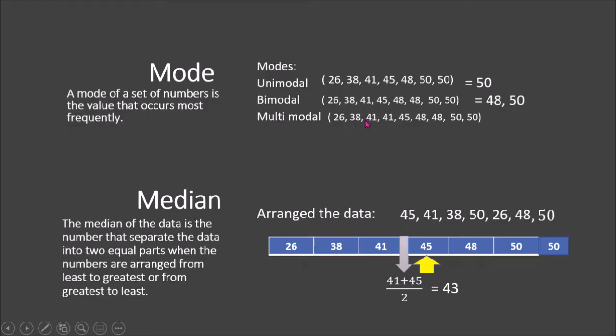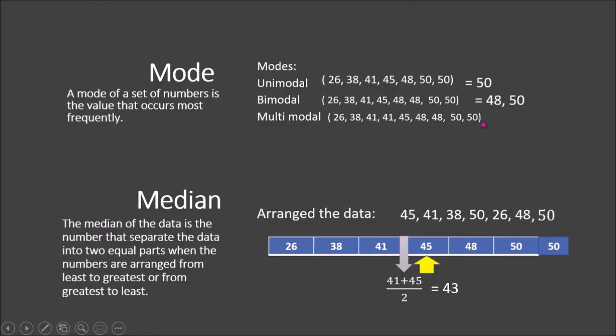But if in this sample we add another 48 here, that can't be called multimodal. It will be unimodal, because 3 of 48 is more than 2 of your 41, and more than 2 of your 50 also. So we have 348.